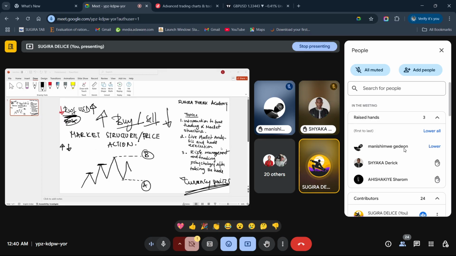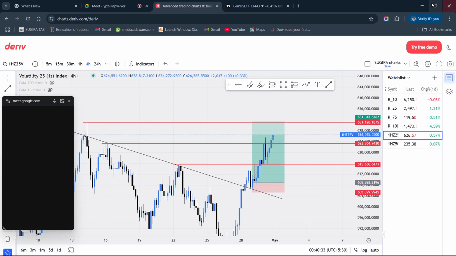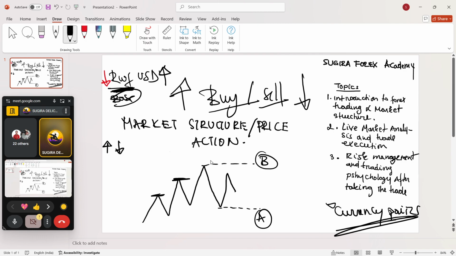All right, let's go ahead. From the market structure, the market has already broken the structure. The market has already made a break of character.